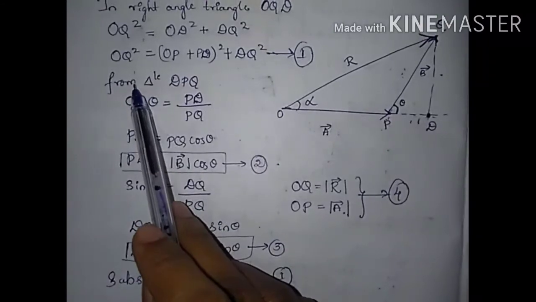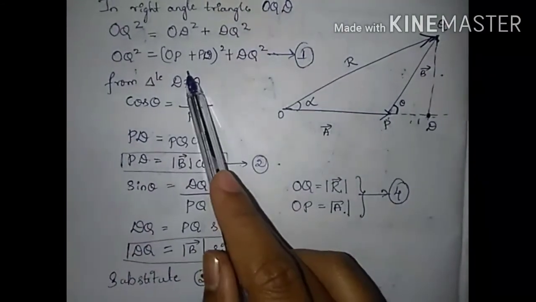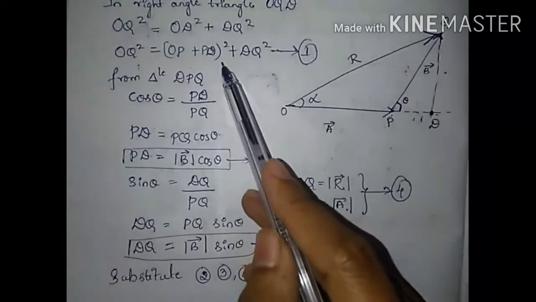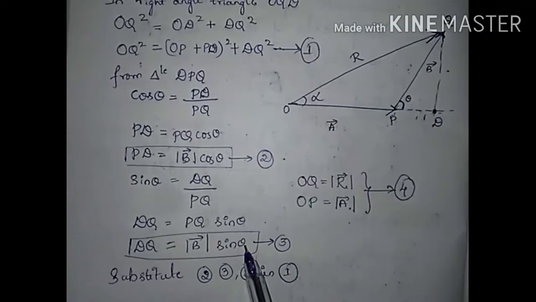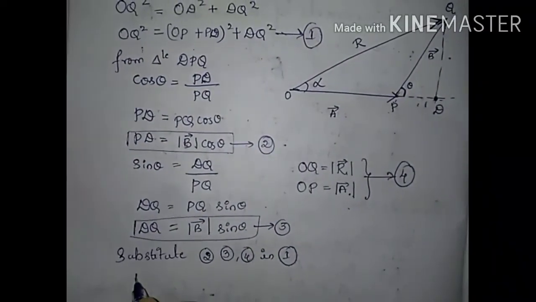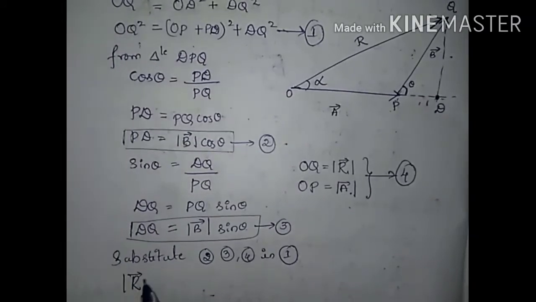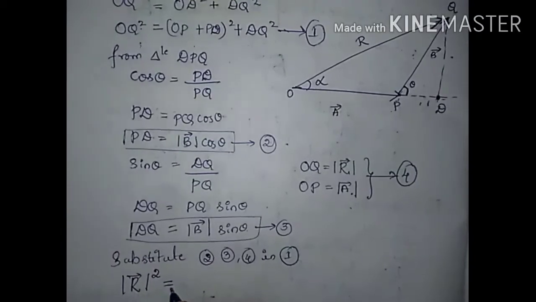so you have what? OQ is R, OP is A, PD is B cos theta, DQ is B sin theta. So let me substitute. OQ is R, and since there is a square, I have to write square here.